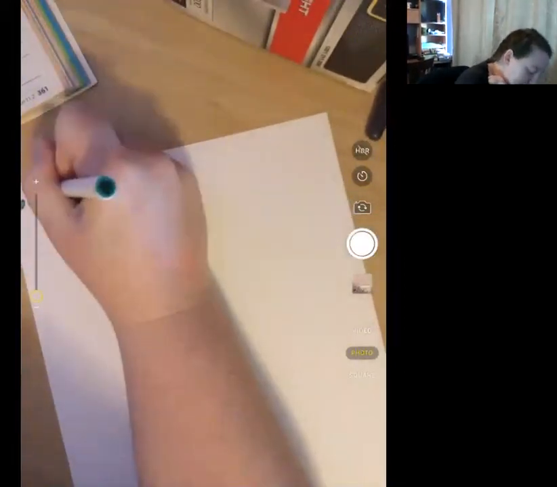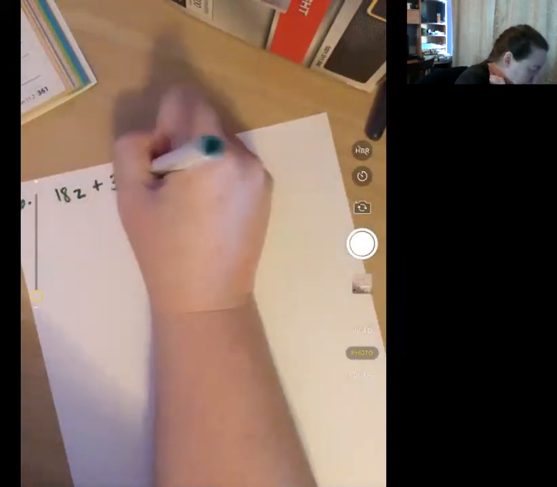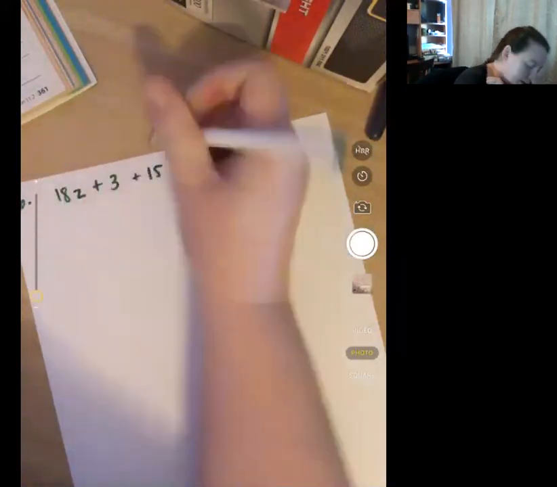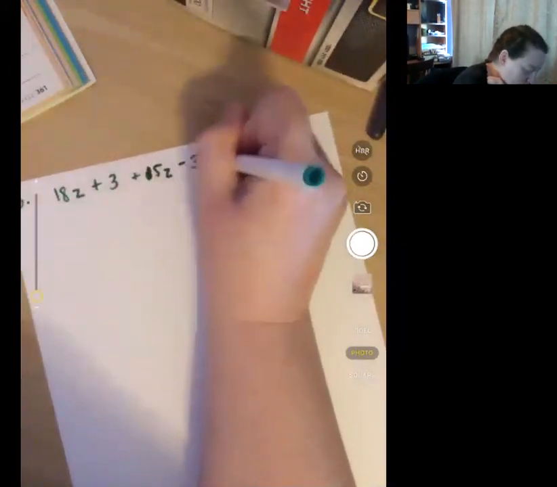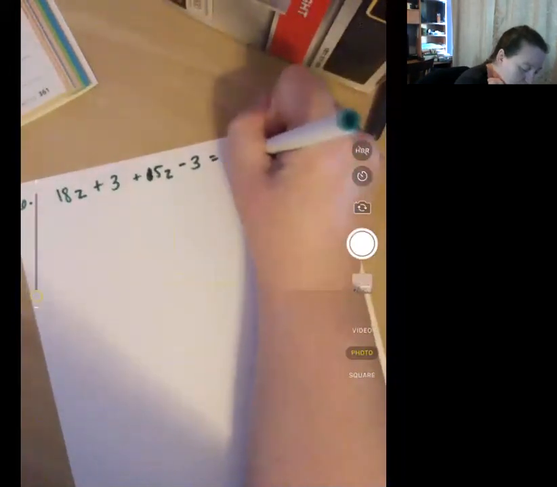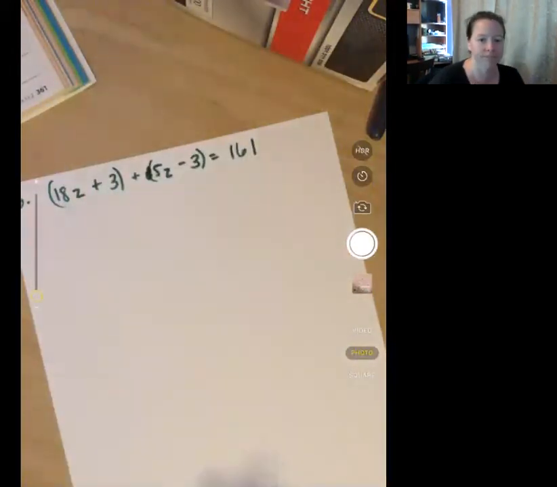Number 6 is 18z plus 3 plus 5z minus 3 is equal to 161. And I need to put these inside parentheses. All right. Sorry.